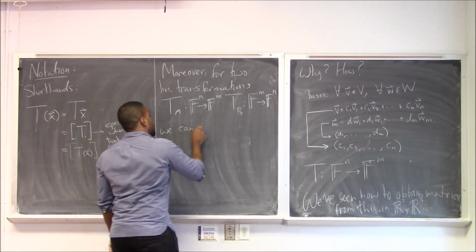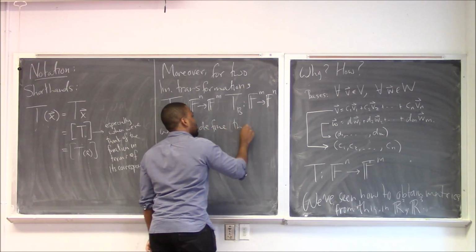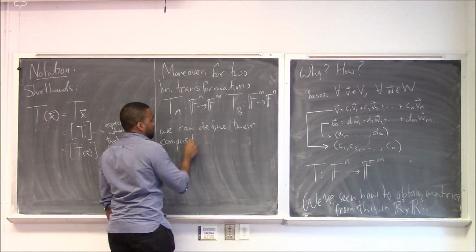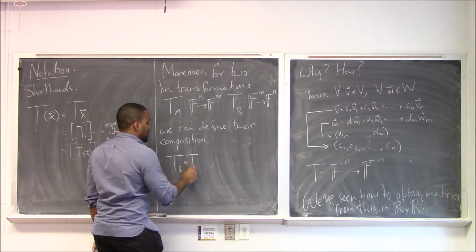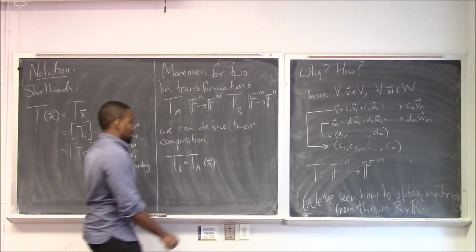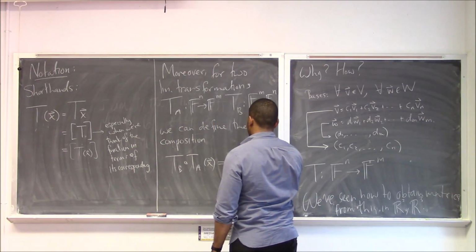We can define their composition, TB composed with TA, which we'd often just call TBA.